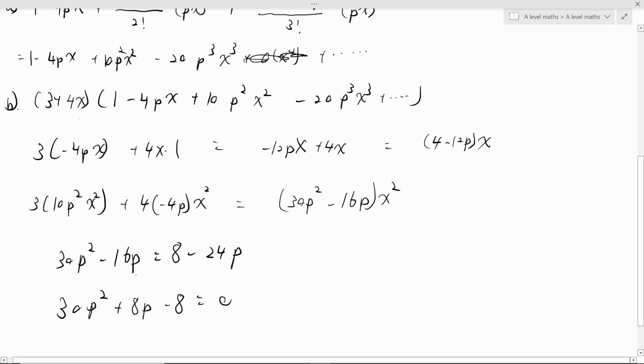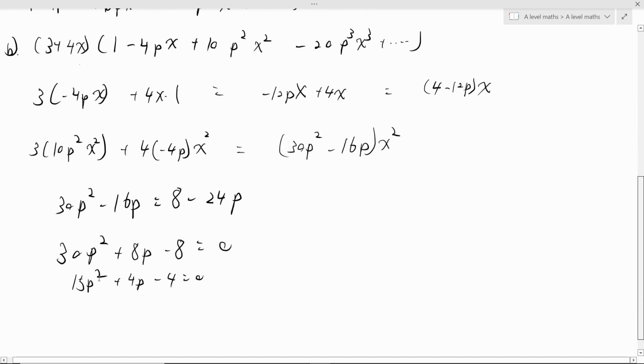We can cancel the factor of 2, so 15p squared plus 4p minus 4 is 0. Is it possible to use factorization straightforwardly? I think it'll be quite tricky.